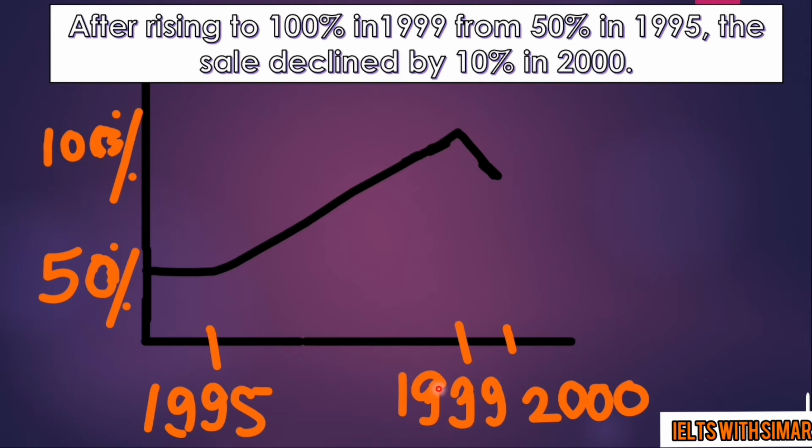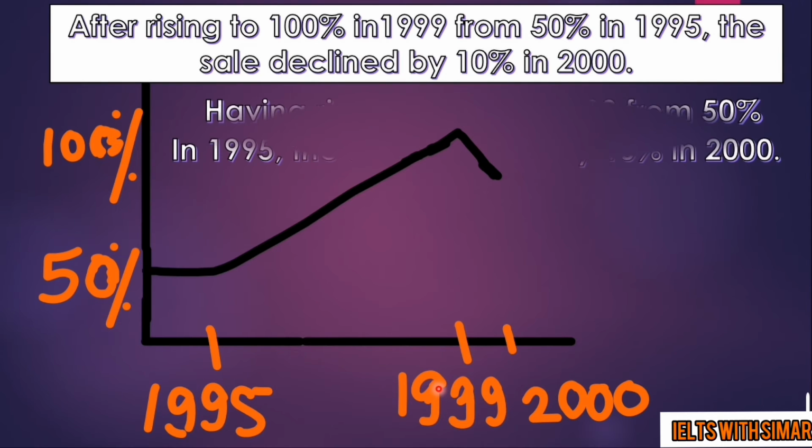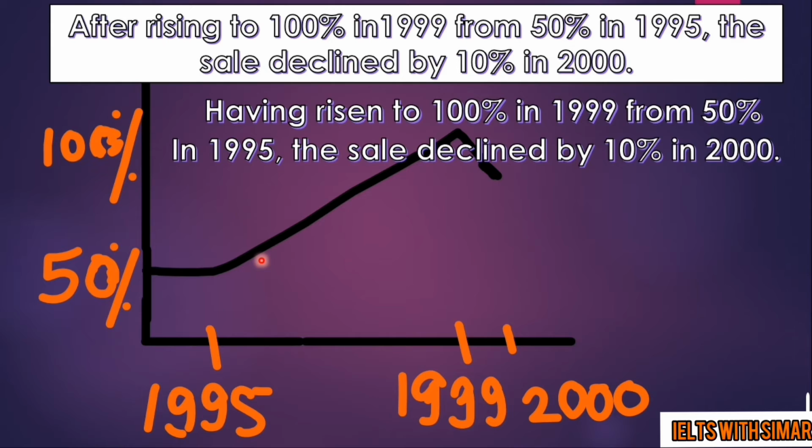So you can also write like this: having risen. But make sure whenever you use having, there will be a third form. Here is risen. It means rise, rose and risen. So whenever you use this structure with having, you have to use risen, the third form.